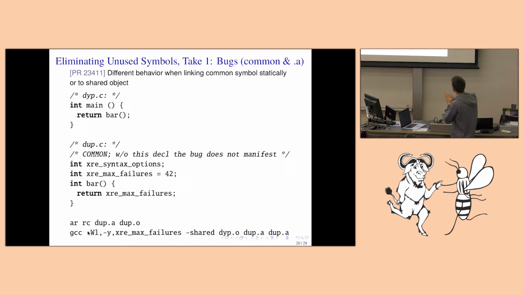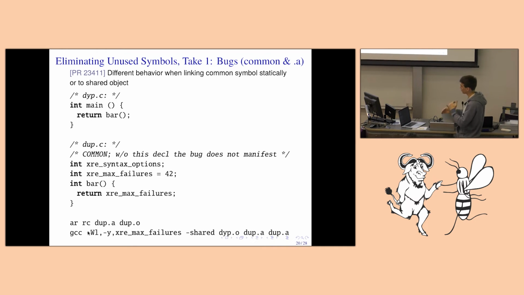Another bug is with common symbols. It's also a known bug. There is a link to it. And the thing is, if we have a symbol that is common, like X-ray syntax options, and we supply the archive with this symbol twice on the command line, the R archives do not have the information about the common status of the symbol.